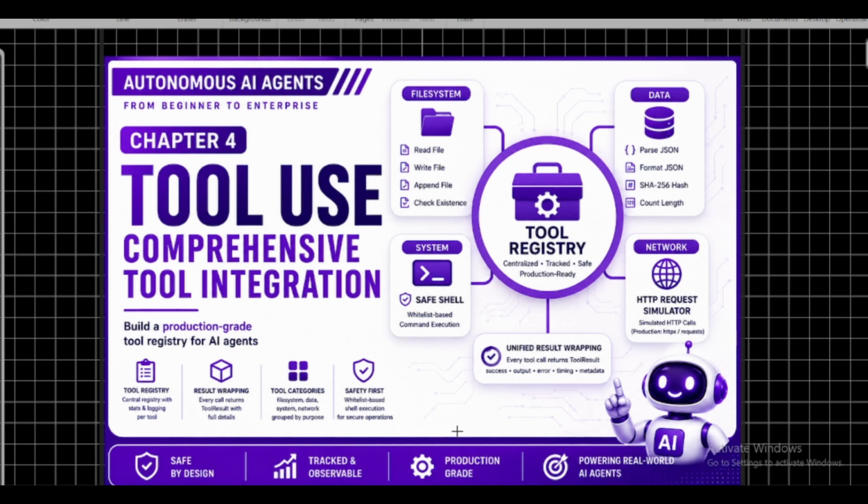We also have another kind of tool. Remember, we have local tools, and now we have API tools. API tools connect agents to external services. You have your tool here, and it connects the agent to external services.